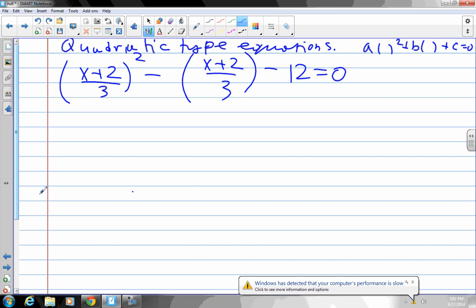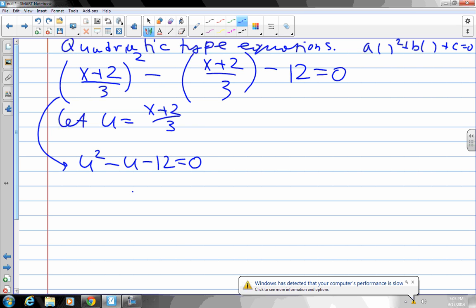I'll use u. How does that sound? I'm going to make what we call a substitution. I'm going to say let u equal whatever that thing in the parentheses is. I'm introducing an extra variable, a dummy variable, that will make solving this equation a lot easier. So instead of every (x+2)/3, I'm going to put u.